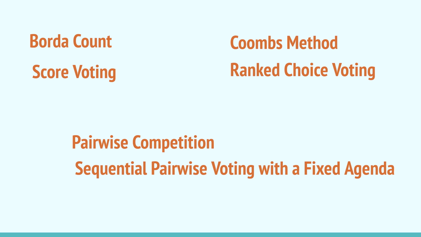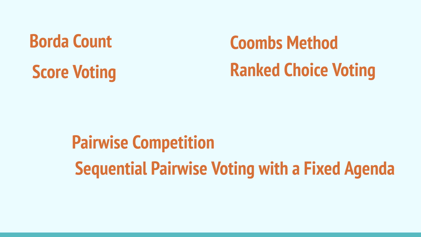So, let's see if this works. This Borda count and score voting is related to giving points. So we'll look at that one first. And then we've got Coombs' method and ranked choice voting, which are related to aiming for a majority, and if you don't get a majority, eliminate until you do get a majority.